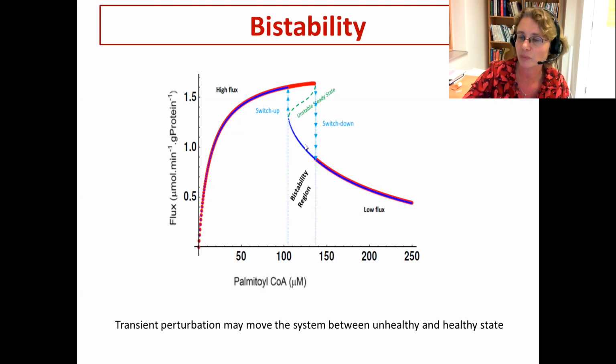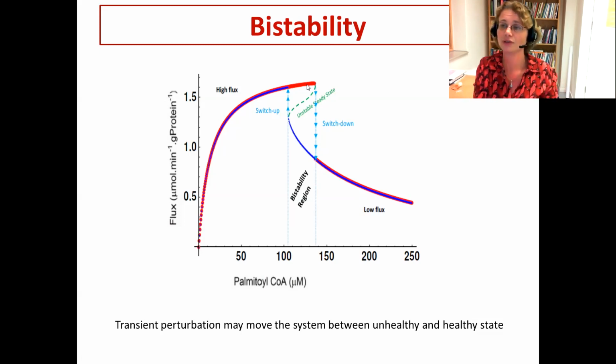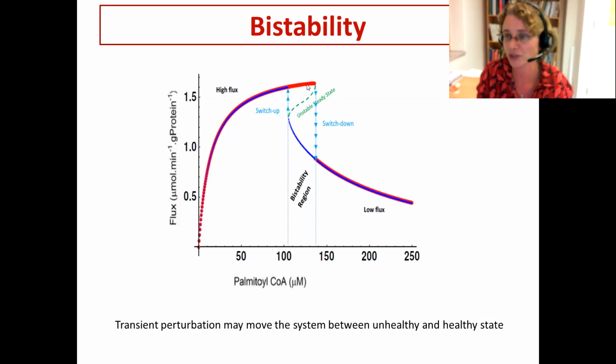And depending from where you come, you will be in what you might call the healthy state with a good energy flux, or in the disease state with a low energy flux. So if you happen to be as a patient on this branch, you might need only a transient perturbation to get on the right track again. So I think from a medical perspective, this is also interesting that transient perturbations could cure within a certain window.